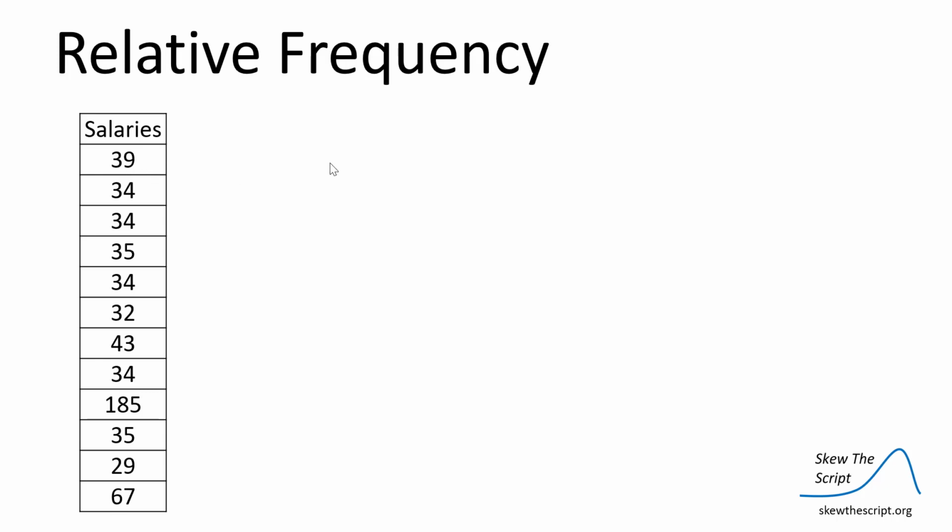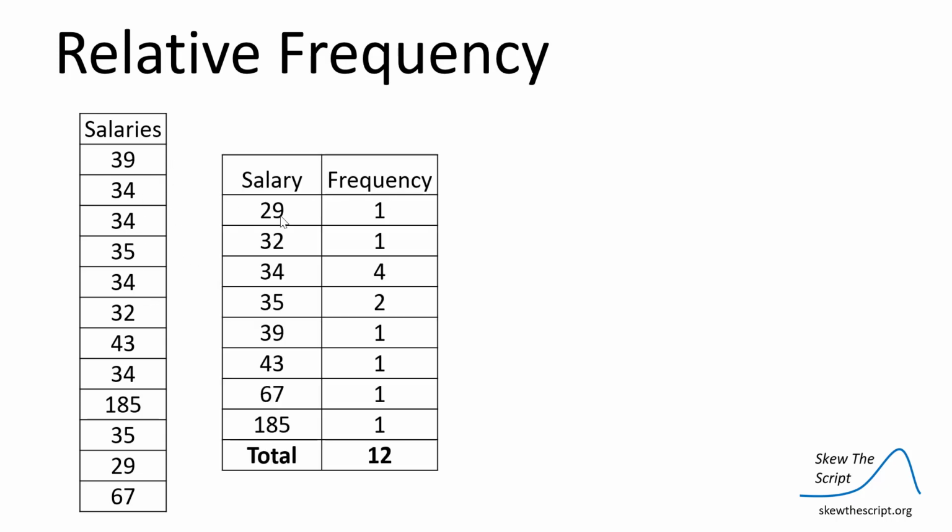And what a frequency does is it just cleans this up. So it says, okay, how many times do I see 34? Well, we see the salary of 29,000 once, the salary of 32,000 once, the salary of 34,000 four times, the salary of 35,000 two times, 39,000 once, 43,000 once, 67,000 once, and 185 once, for a total of 12 salaries.